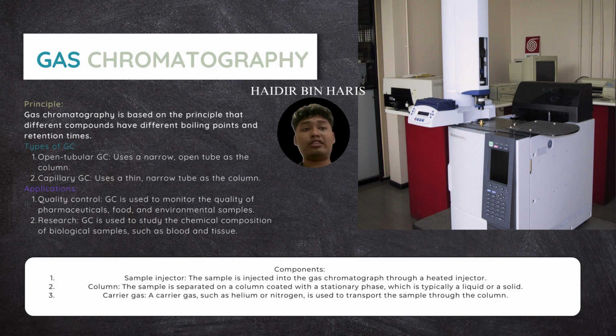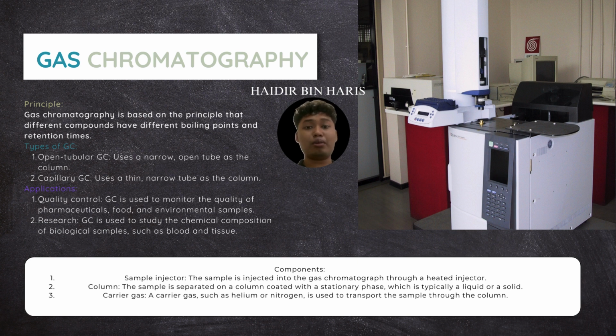The process involves injecting a sample into a heated injector, which vaporizes the sample. The sample is then separated on a column coated with a stationary phase, which is typically a liquid or a solid. A carrier gas such as helium or nitrogen is used to transport the sample through the column.